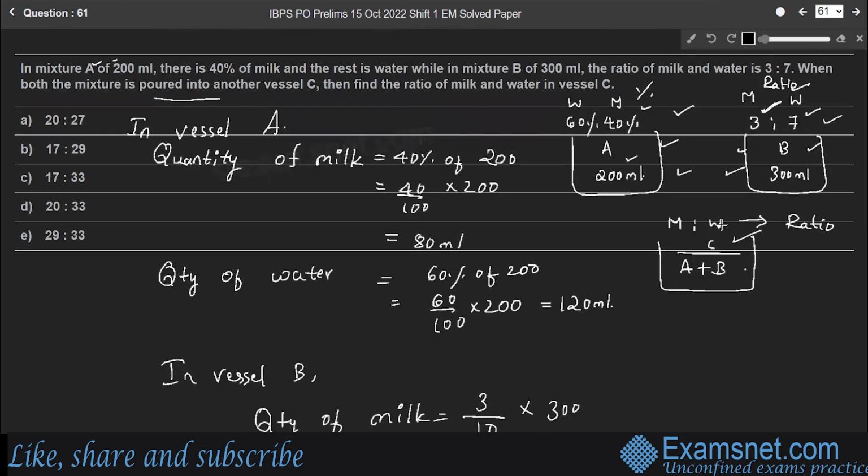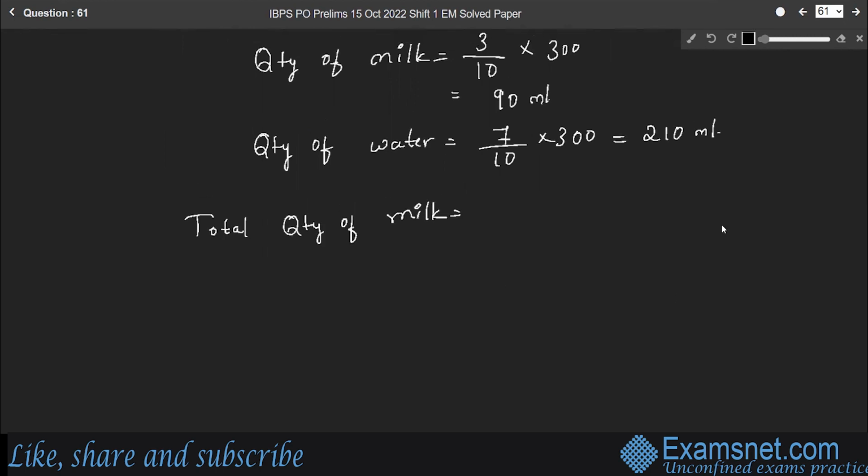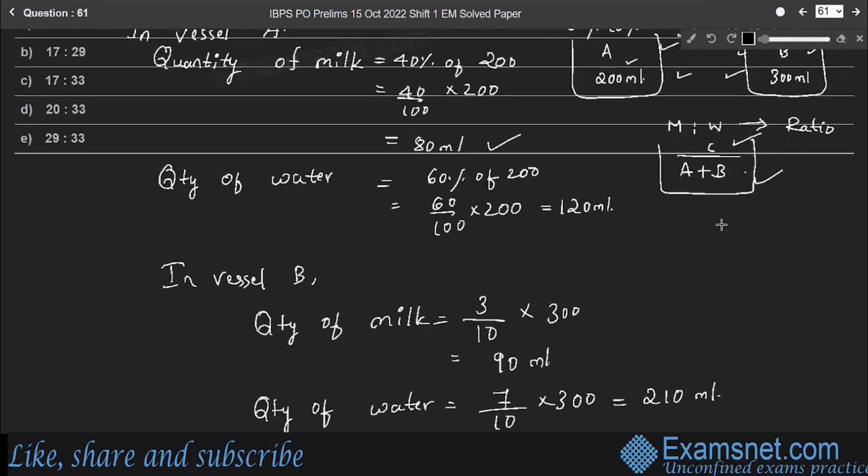When both the mixtures are poured into another vessel, you will get A plus B. Therefore, the total quantity of milk is, in vessel A 80 ml, in vessel B 90 ml.